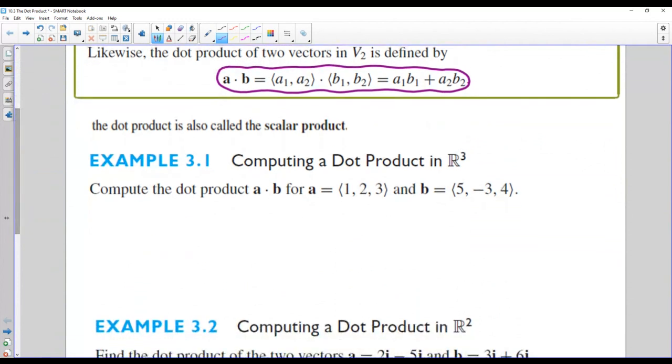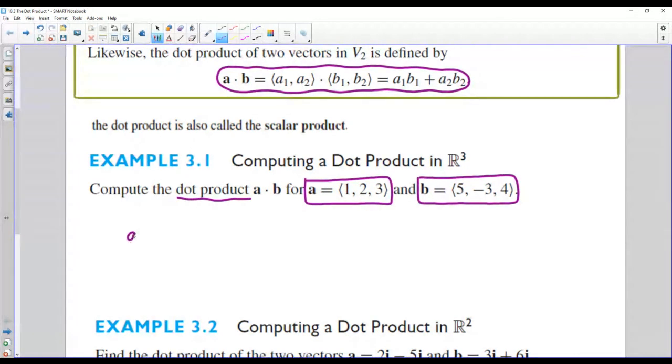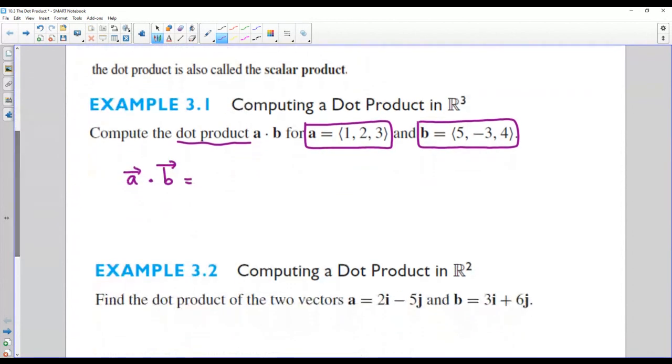So here are 2 vectors. A is here and B is here. I want to find the dot product A dot B. So what is it going to be then? Can I get some help here?